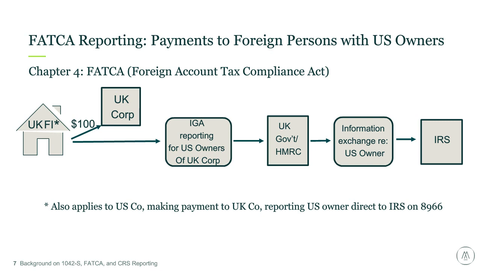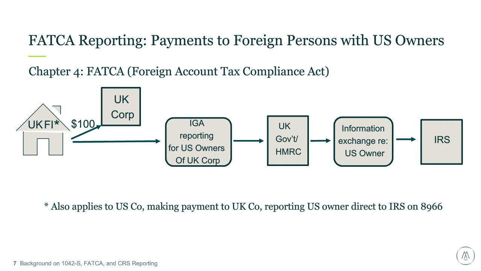So a UK FI may have a UK corp. Well, if it just stops there, it's a UK corp and it happens to be a financial institution, and the UK doesn't want to know about its own residents. They have their own tax filing where they can identify their filing obligations. What the UK FI is really looking for is when that UK corp is actually a passive entity and it has U.S. owners.